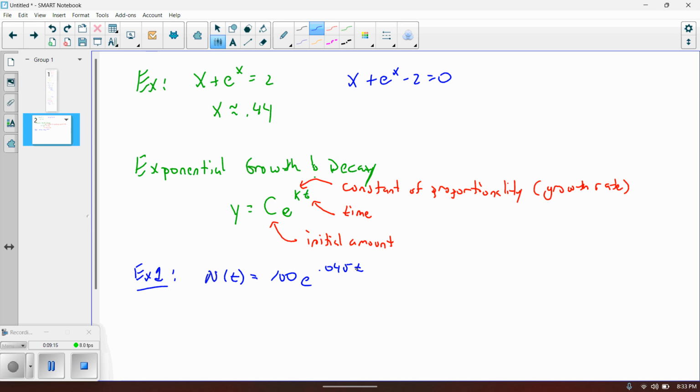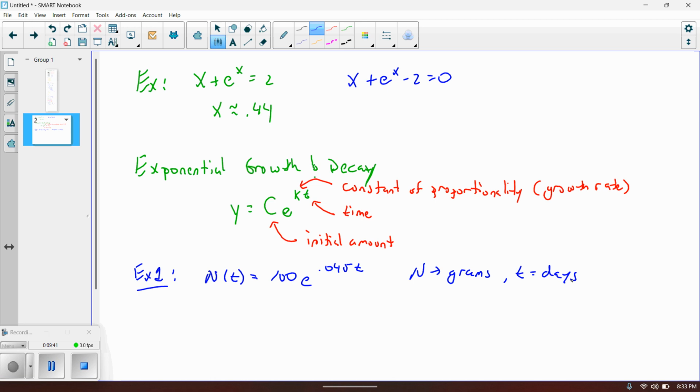And whatever this thing is, n is going to be measured in grams. N is the amount of grams. And of course, t is going to be time, and we're going to call that days in this case. So it'll be in days. So this is an equation that's going to measure the amount of grams that we have over a certain amount of time.